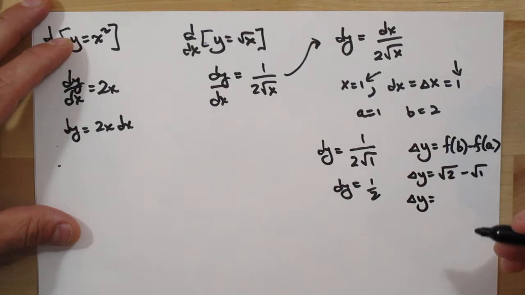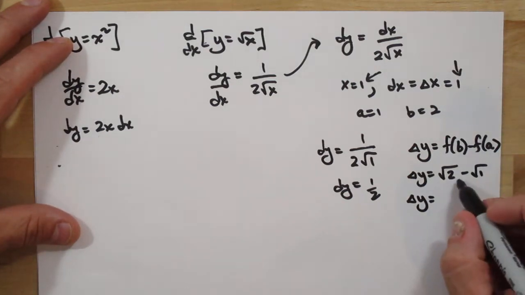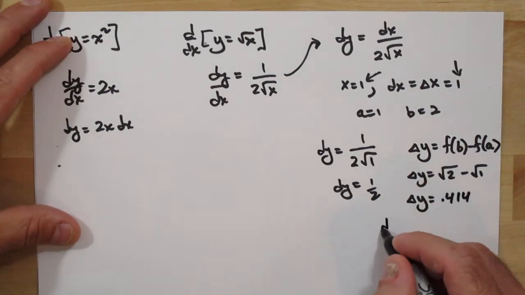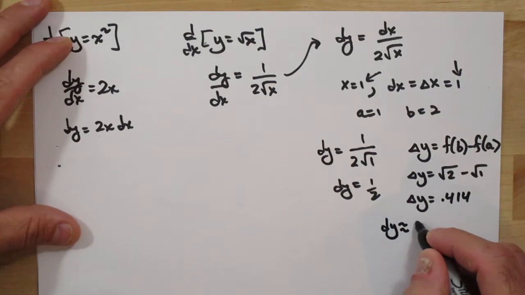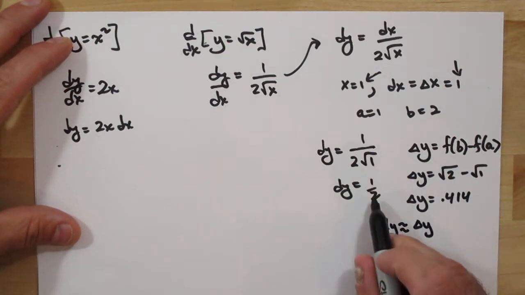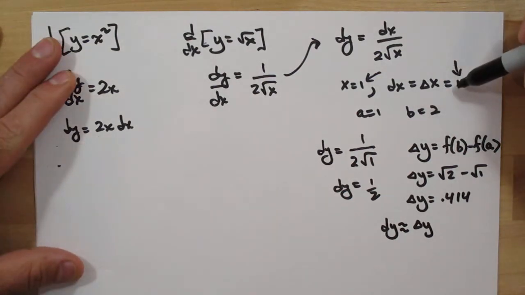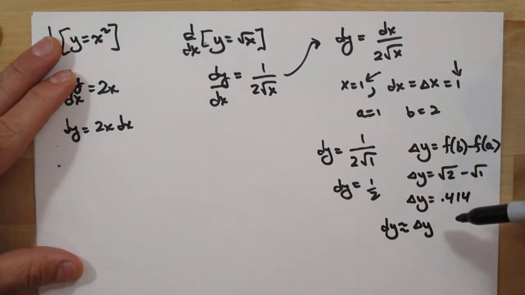Square root of 2 is like 1.414, so square root of 2 minus 1 would be 0.414. And as you can see, dy is approximately equal to delta y. 1/2 is pretty darn close to 0.414. If delta x was smaller, this approximation would be much better.